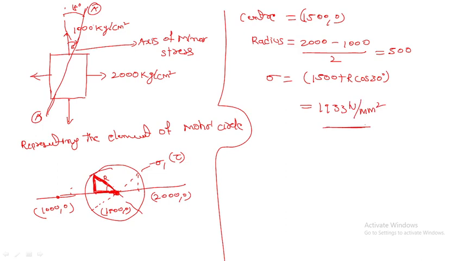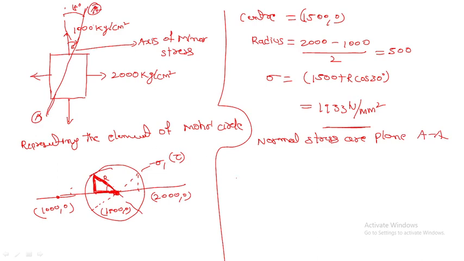So the normal stress on the plane at A, this is A1, this is the axis of minor stress, right?